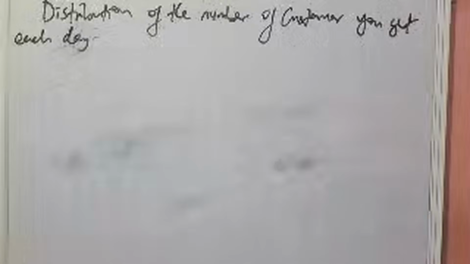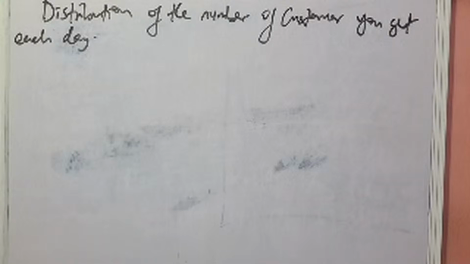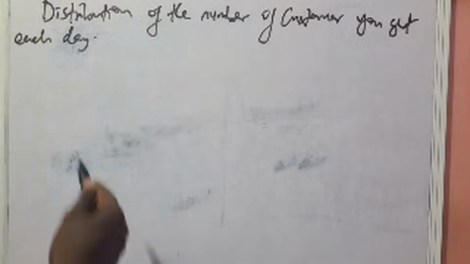Now the table I want to show you represents the distribution of the number of customers you get each day. So this is a different context now where you're dealing with customers. Probably you have a shop or something. And of course, it still has to do with days of the week.